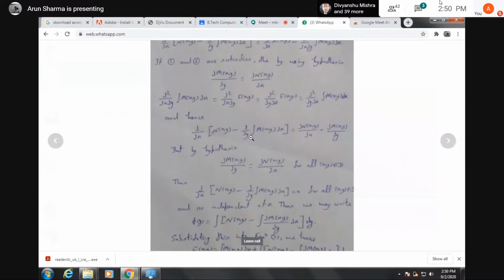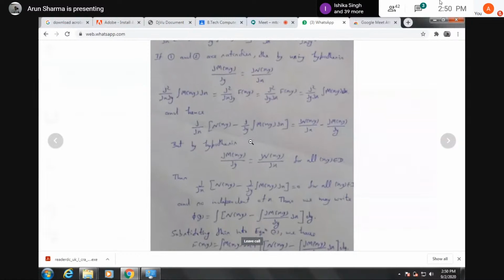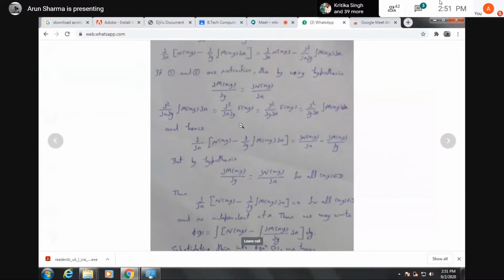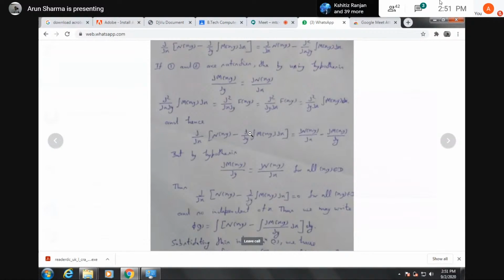I hope it's clear. If it's not clear, then I will discuss this point later, because I don't have that pen so that I can write and show you how it is happening. It's basically what I am trying to say. If you look at the things, I am taking del x inside.